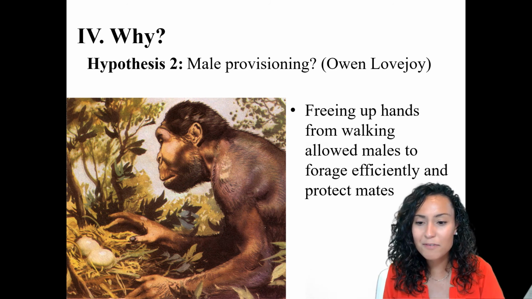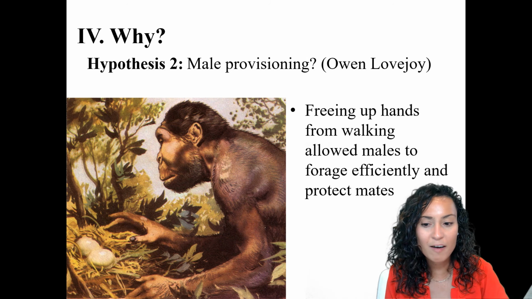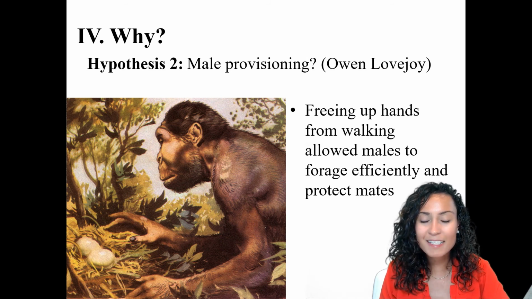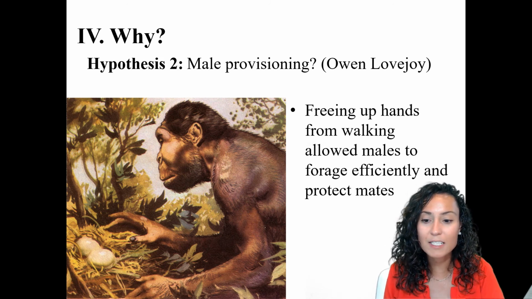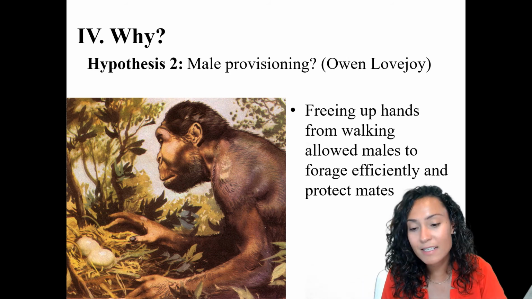So because females have a long gestation period, they tend to have a smaller number of offspring than other types of mammals. And they tend to have a real investment in the success of that small number of offspring. And therefore, they invest heavily in them.